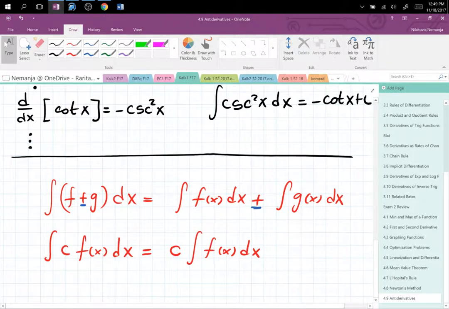You know that the same rules were there for your derivatives. If you have multiple functions added, you do derivative on each separate one, and if you have the constant, you can kick constant in front of derivatives. You do the same thing for integrals.